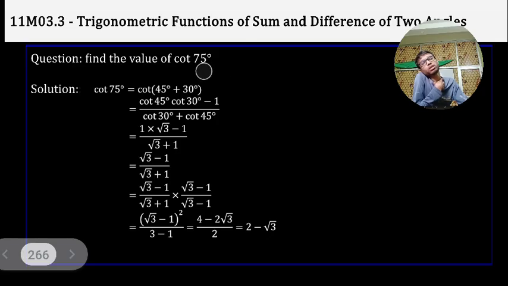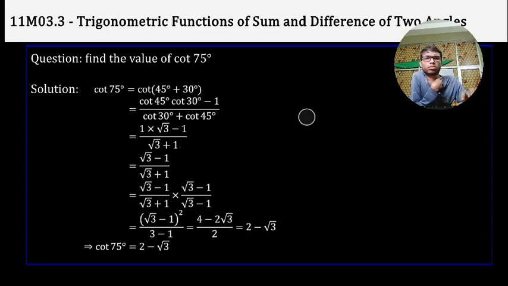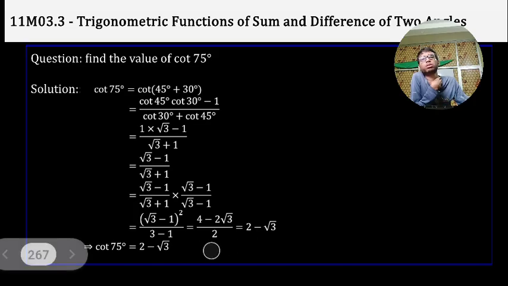This is the value of this. Okay, are you crystal clear? For cot we use this identity. Okay, you know. What is happening over here? Yeah, this is with a plus and this is with a minus.